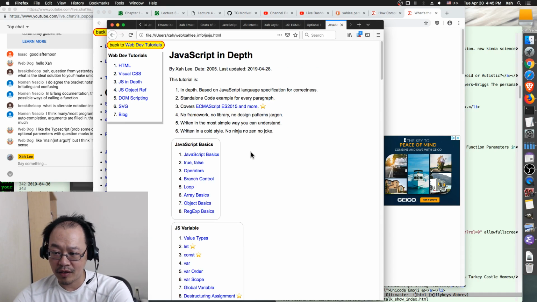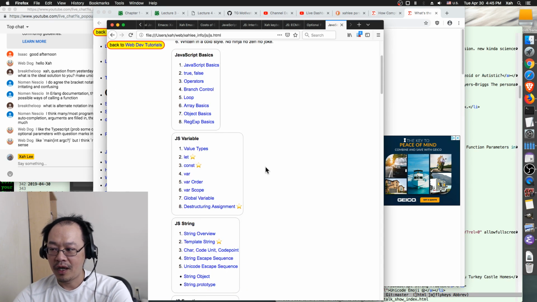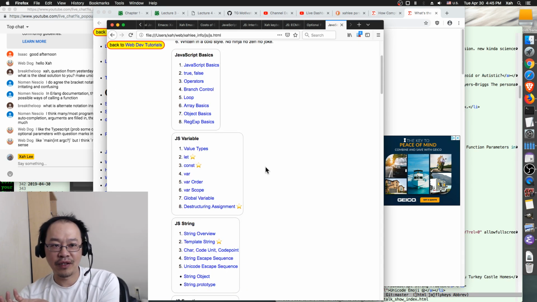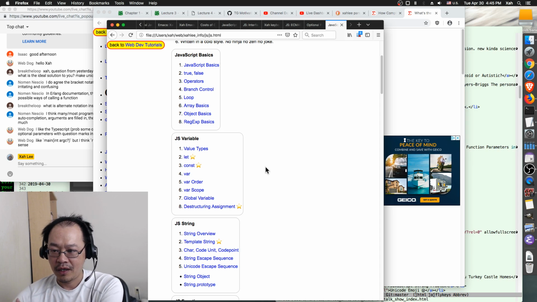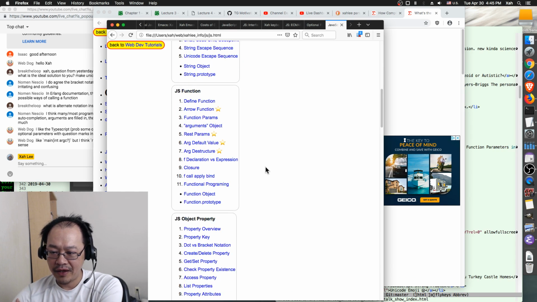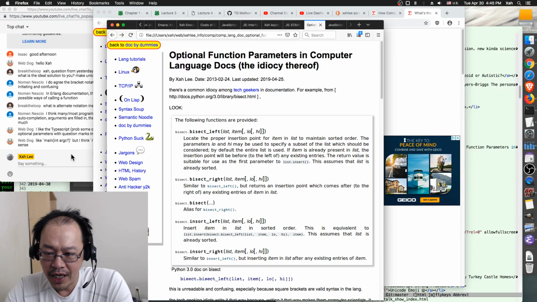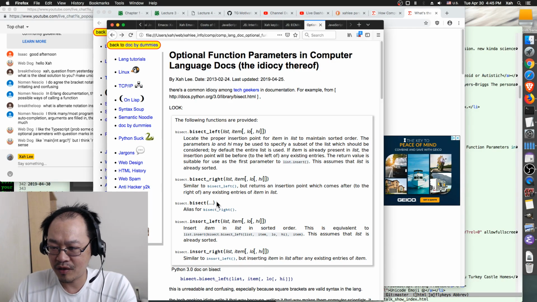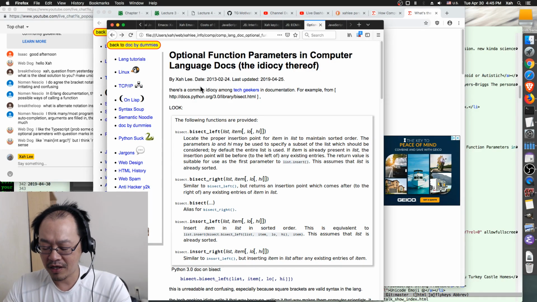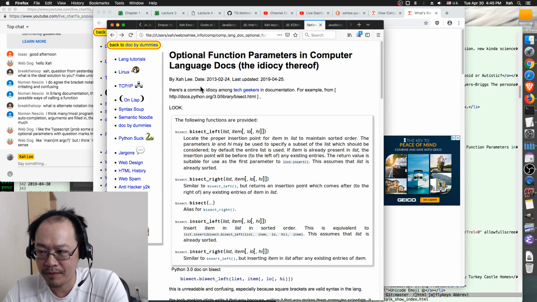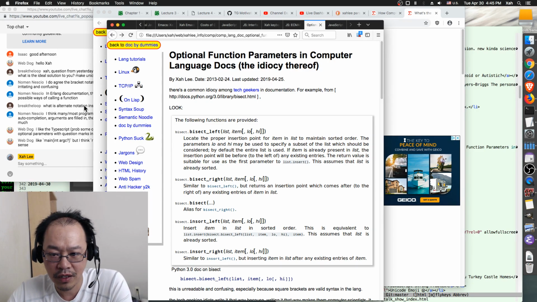Whenever there's an optional parameter, I basically use the Wolfram language's notation to indicate functional parameters. I have some examples here, but we can skip that. So that concludes this topic about optional functional parameters in computer language docs.